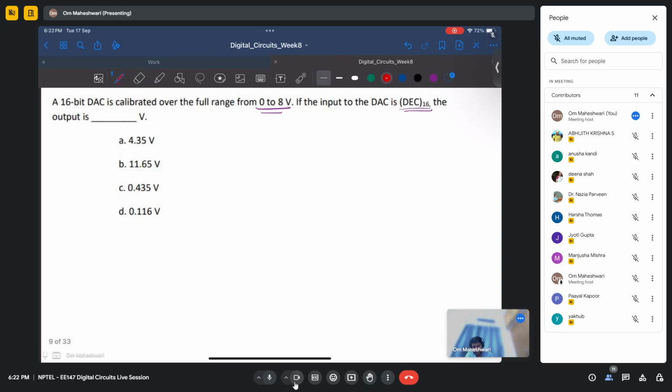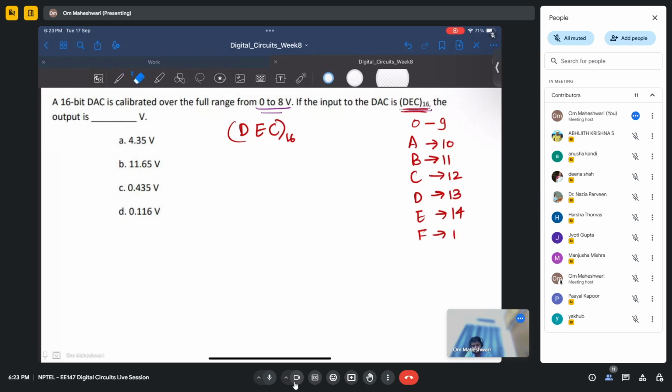First let us look at what this hexadecimal number is in decimal form. We have DEC base 16. If you remember in hexadecimal, after 0 to 9, we have A, which corresponds to 10, B, C, D, E, and F is 15.